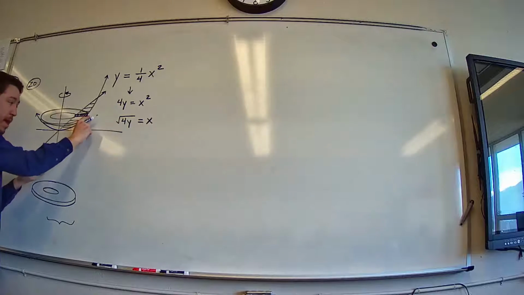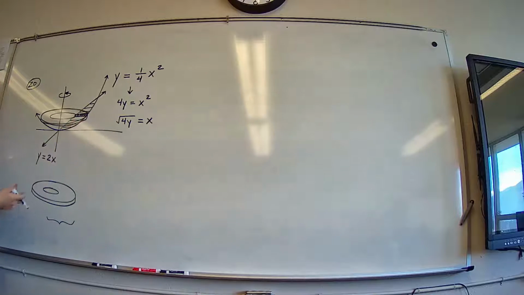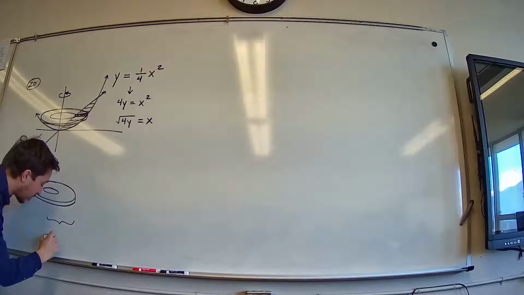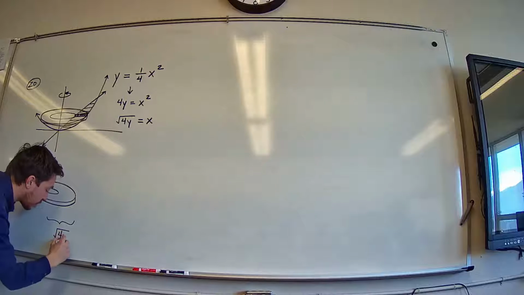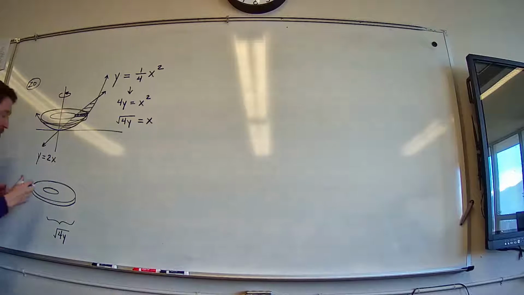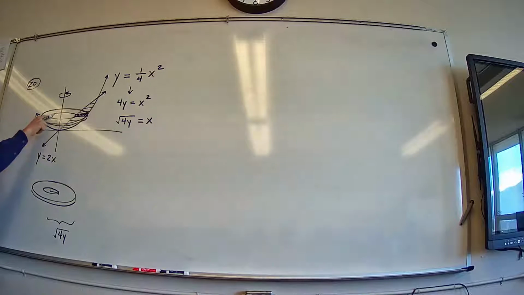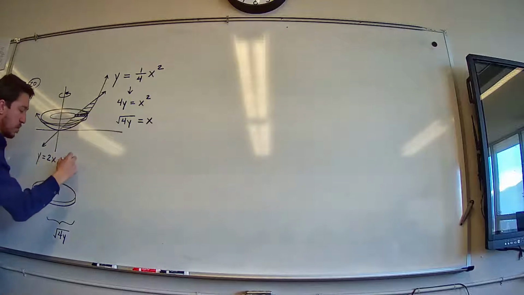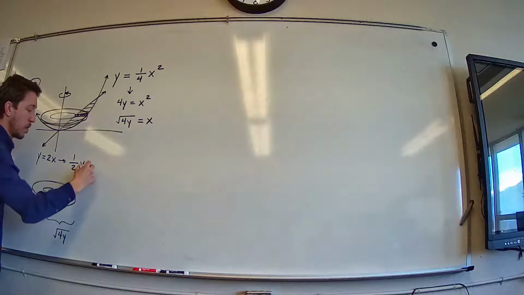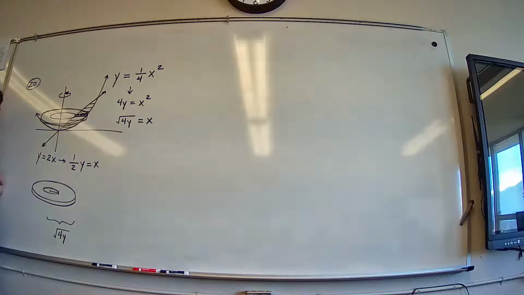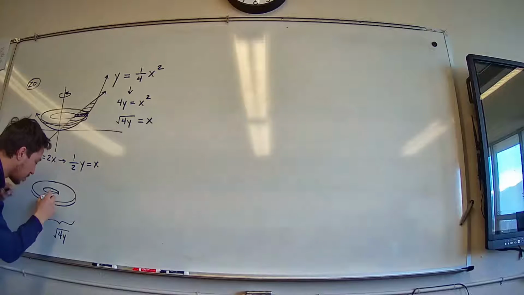So the outer radius is this point's x value. This point's x value is the square root of 4y. And then how about the inner radius? It's the x value of this point, which is half of y.